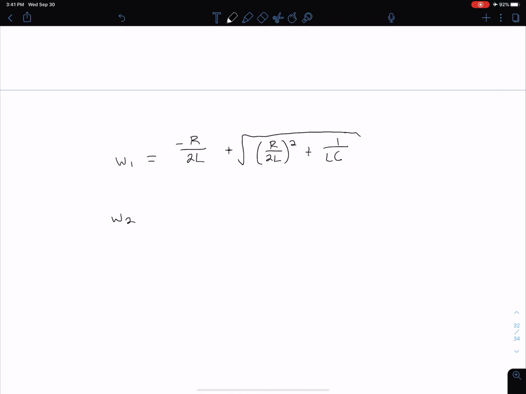And our omega 2 is going to be the same thing, but we're going to have a positive R over 2L. So plus square root of R over 2L squared plus 1 over LC.